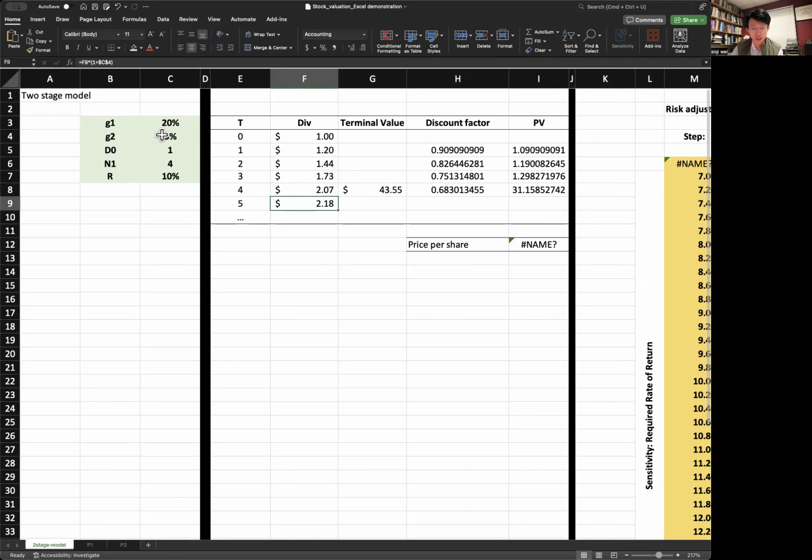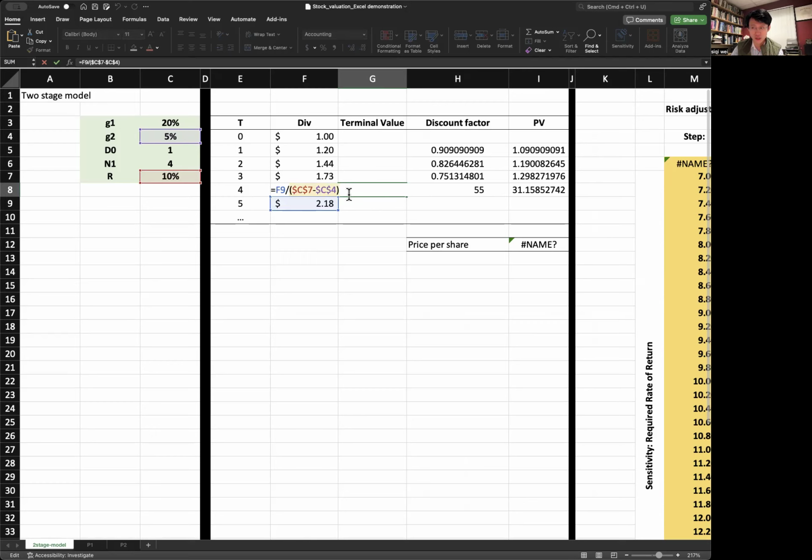You have to use the second stage growth rate and apply that to the very last cash flow on the first stage so that you have the second stage dividend.